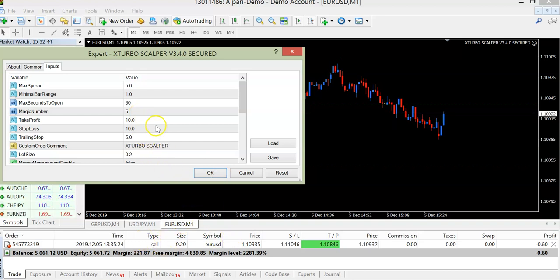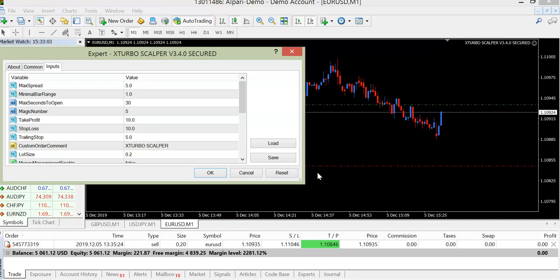Each chart, Euro USD for example, must have a different number, any number but different. Take profit I put 10, stop loss 10 because it's only the M1 time frame, and trailing stop I'm using 5. Trailing stop means it will secure our profit when it reaches 5 pips in the money.